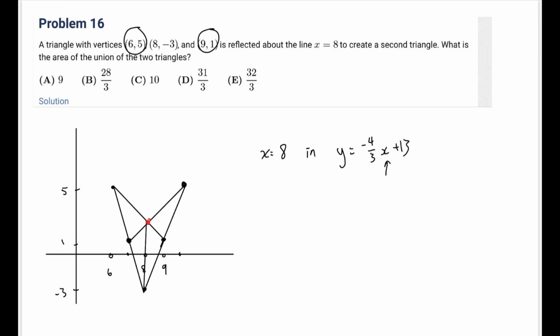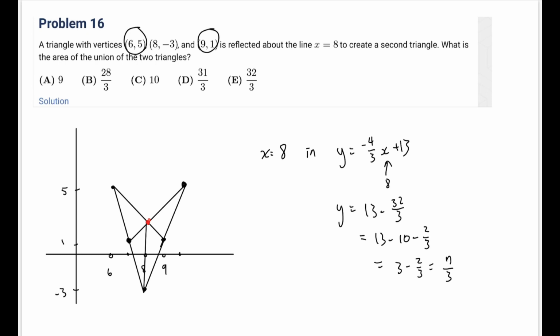So if x equals 8, y equals 13 minus 32 over 3. This is 13 minus 10 minus 2 over 3. So this is 3 minus 2 over 3. This is 7 over 3.